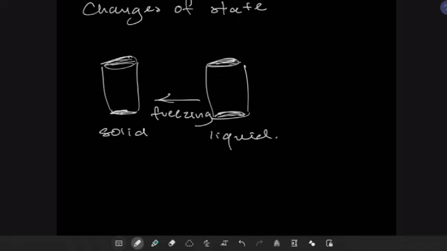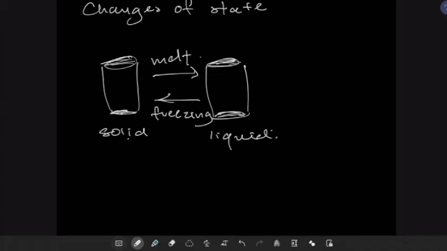If you put water in a refrigerator for a few hours, it will freeze, and from water, it will turn into ice cubes. But if you leave it out in the open, in room temperature or in hotter temperatures, it will melt, which is the change of state from solid to liquid.